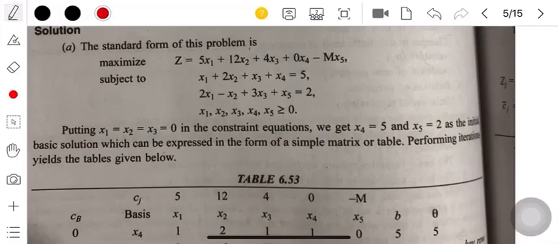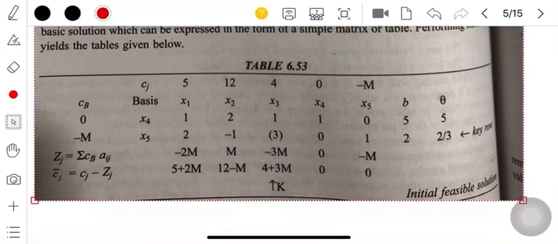So basically this is the table. So here we can see after finding Cj minus Zj, the values become positive. So what is the most positive? As we know that this is a Big M method, so 3M will be a very large value. So this is the incoming variable, x3 is the incoming variable.